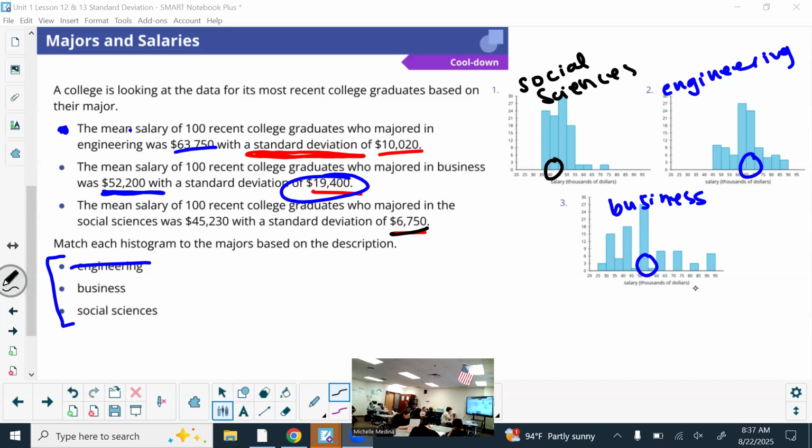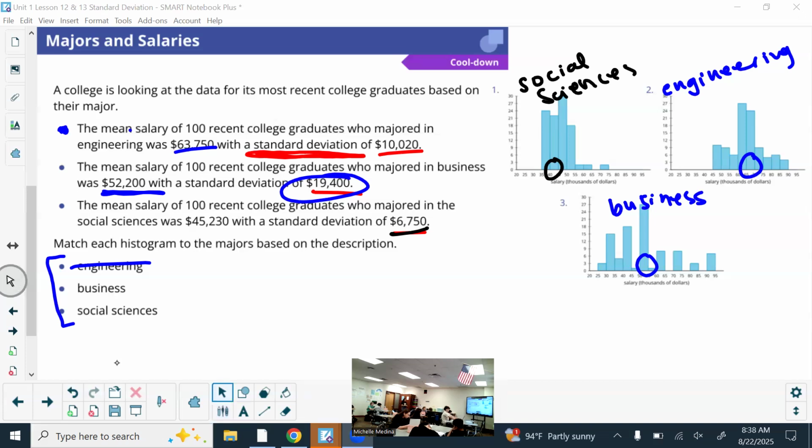Maybe some have a successful business and maybe some don't. All right, it's variable. So that's why that one might look like that. And then we know engineers tend to make a higher income. Theirs is more centered on the higher end of the scale. So be able to attach it and see why it is like that, or what it could mean about the situation. All right, questions on this exercise?